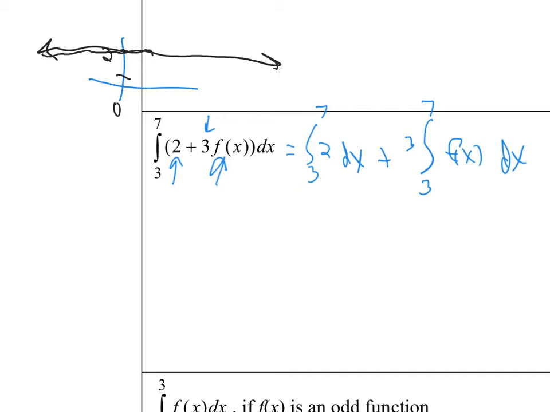And if we're going from 3 to 7, and you want the area under the curve underneath the 2, then obviously it was this rectangle from 3 to 7, which is a 4, and the height is a 2.